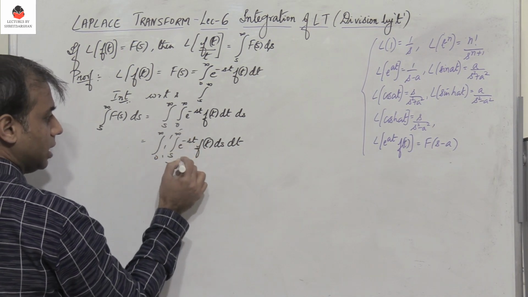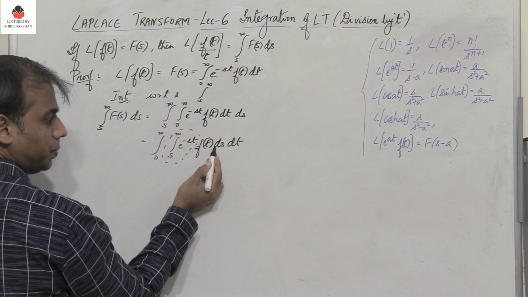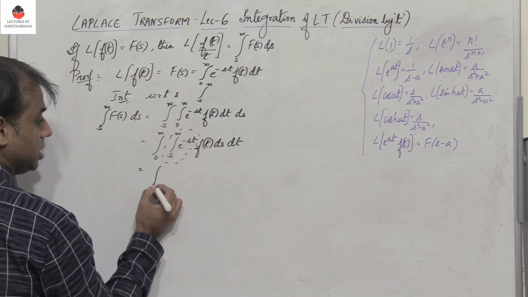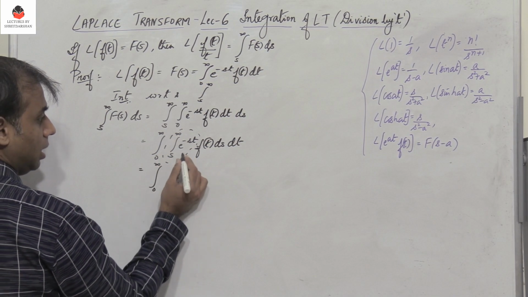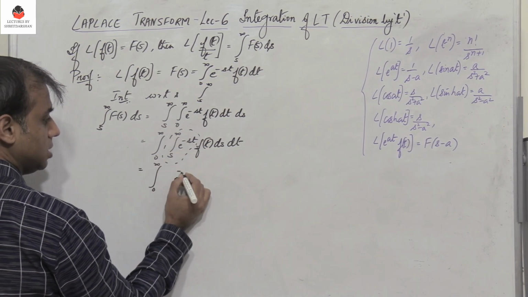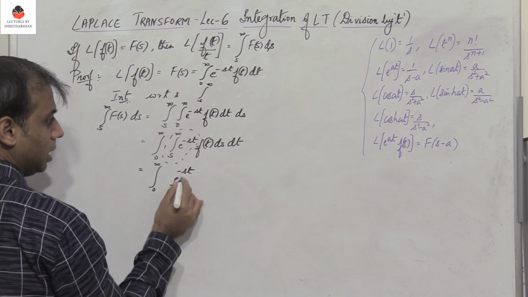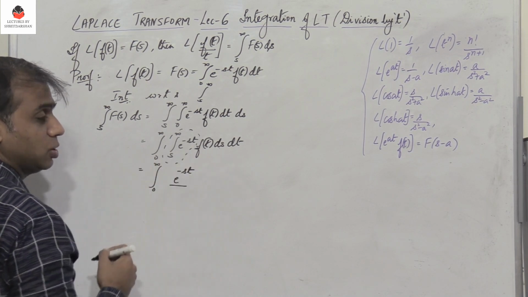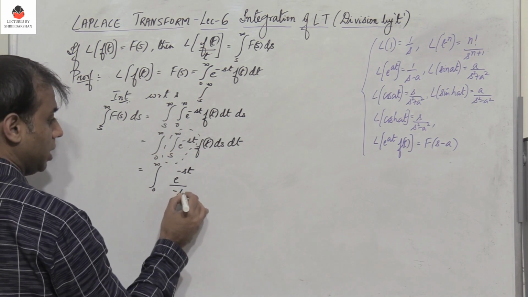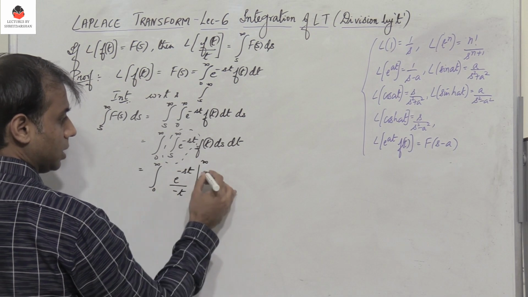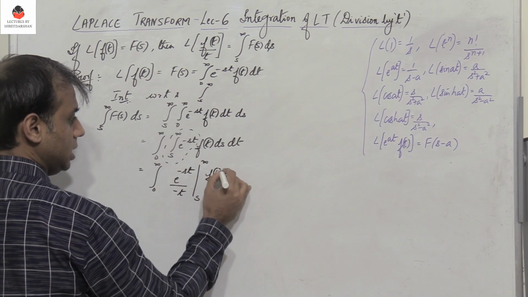Now I integrate e power minus st with respect to s. So you have 0 to infinity integral e power minus st is e power minus st divided by, so we are integrating with respect to s, so divided by minus t within the limits s to infinity. Then of course you have f of t dt.